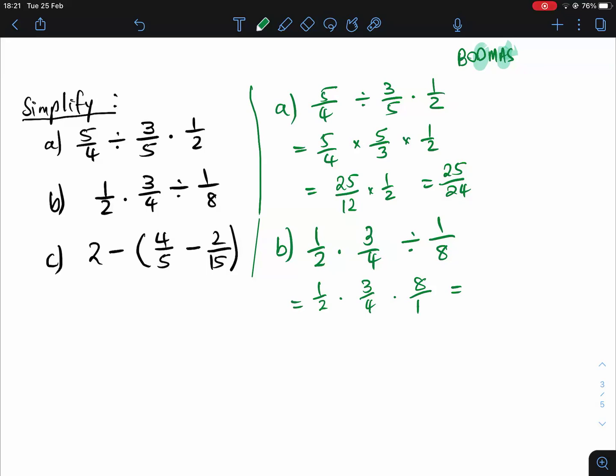24, divided by 8. Which is equal to what? Can I simplify it first?